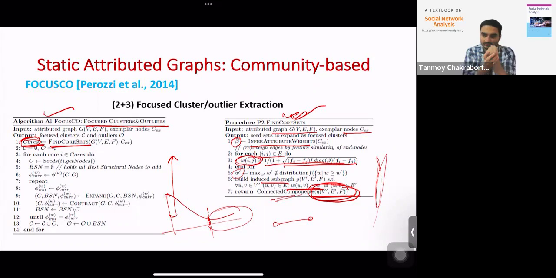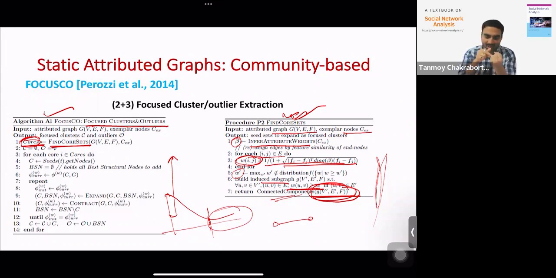So you take a core, okay? You expand the core by looking at the neighbors. You take a connected component, you look at the neighbors, and you take one neighbor and add it into that core, right? And you measure conductance. Conductance is a metric like modularity.